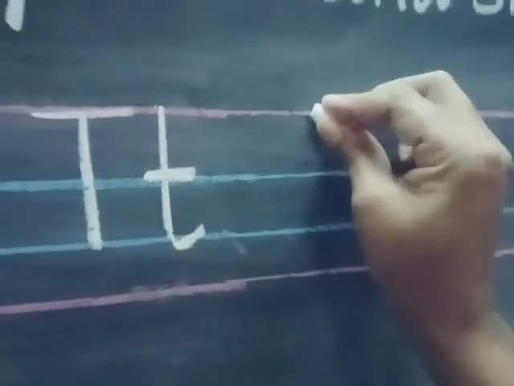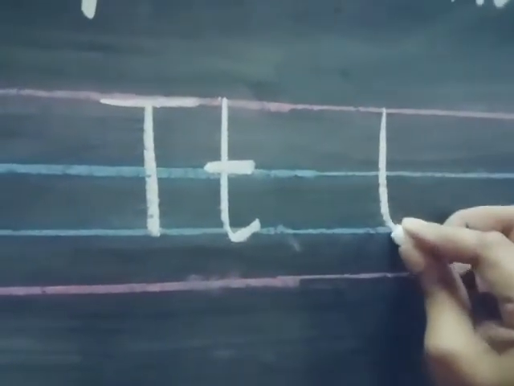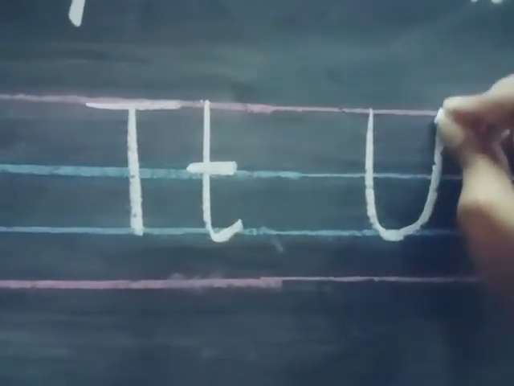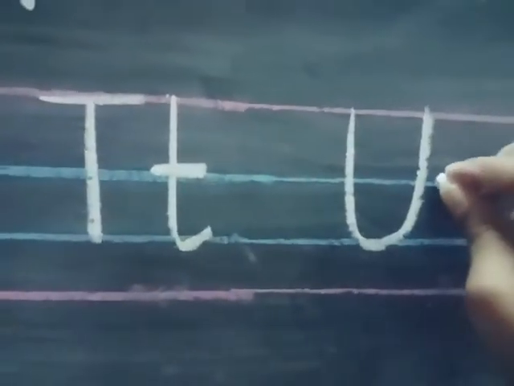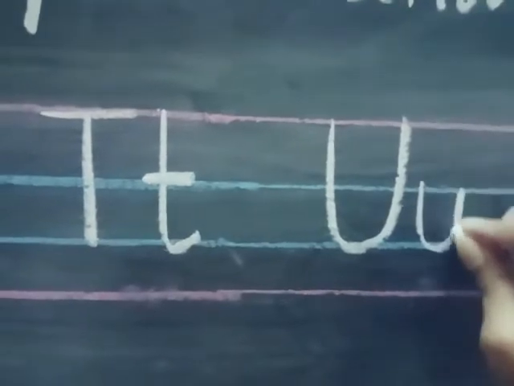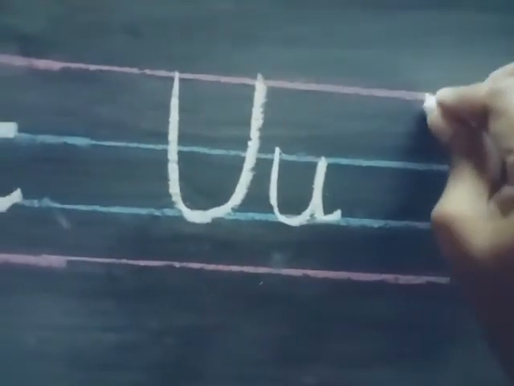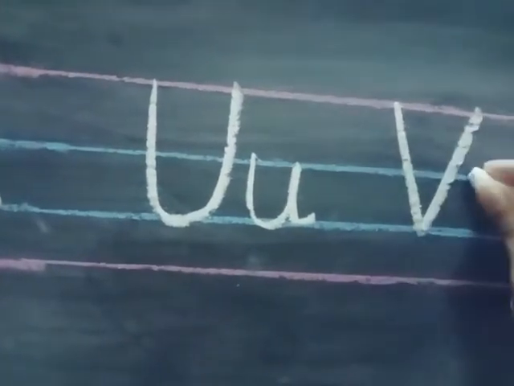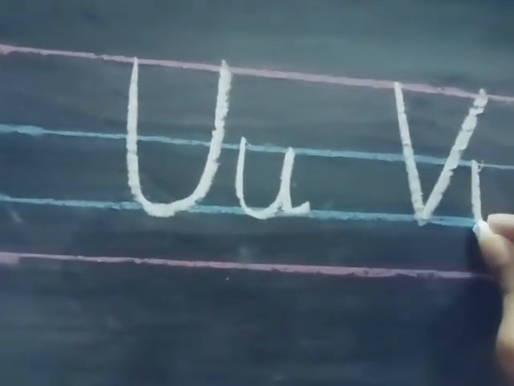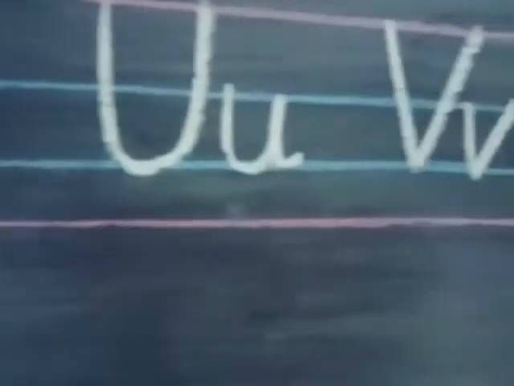Capital U, standing line, swing, small u. Capital V, small v. Okay, capital R, small r, capital S, small s, capital T, small t, capital U, small u, capital V, small v.